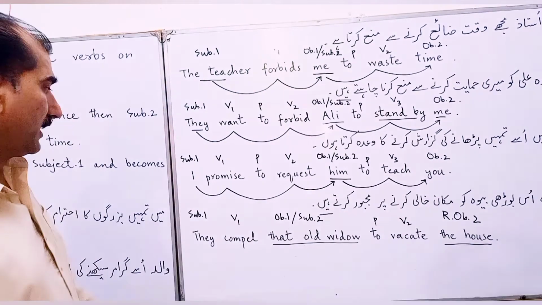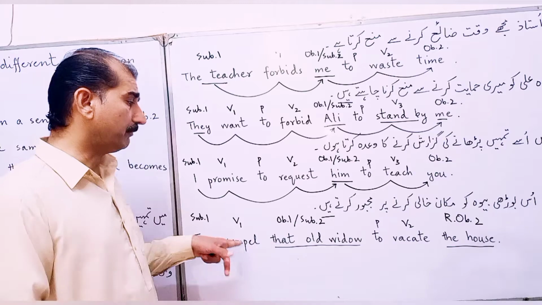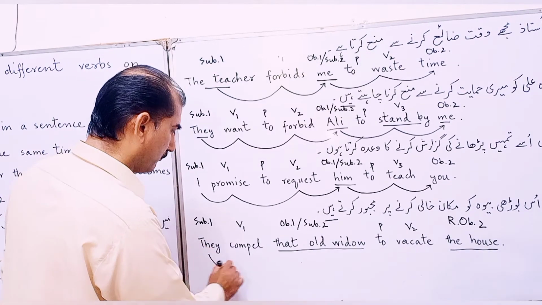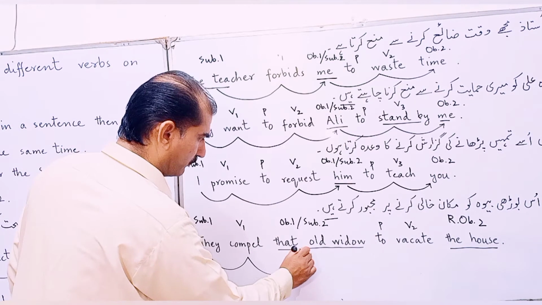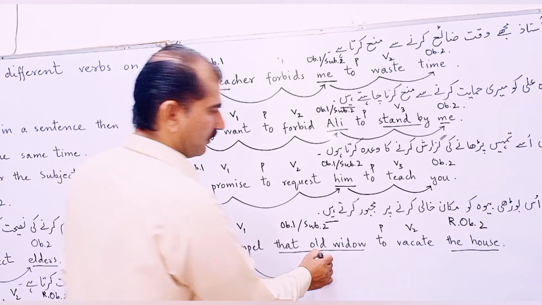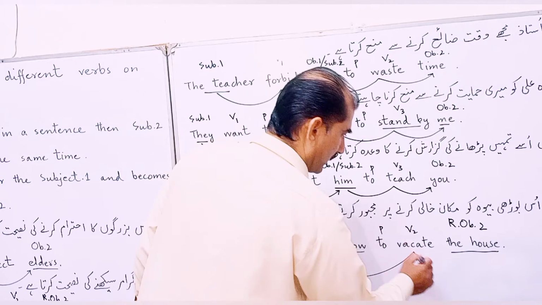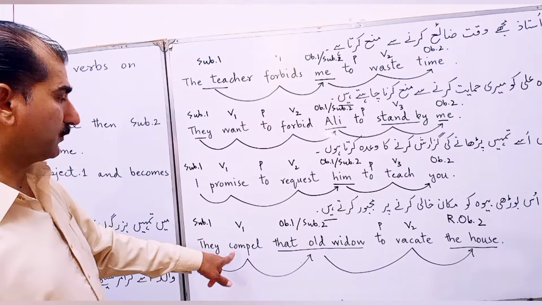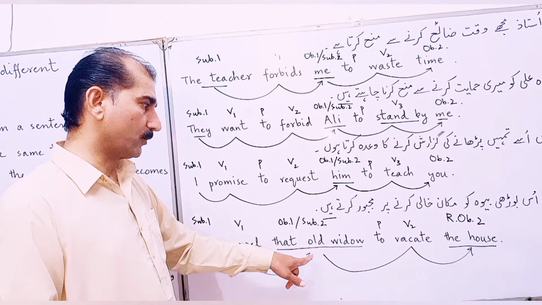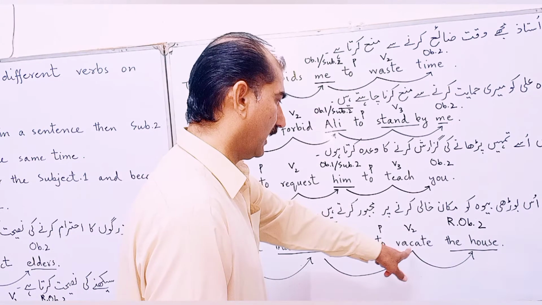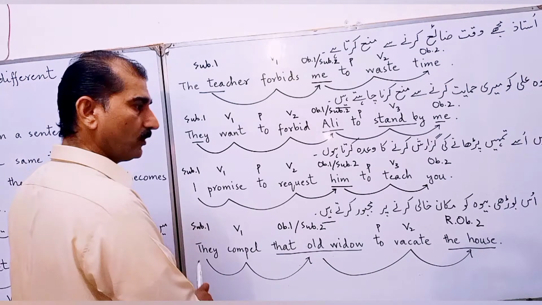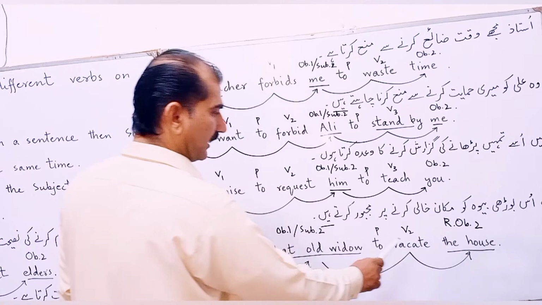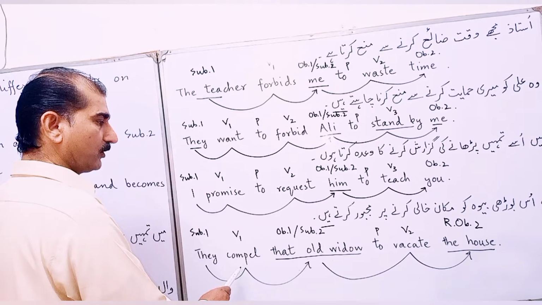Now let's check it again. They compel that old widow to vacate the house. वो मजबूर करते हैं उस बूढ़ी बेवा को वो मकान खाली करने पर. वो उस बूढ़ी बेवा को वो मकान खाली करने पर मजबूर करते हैं.